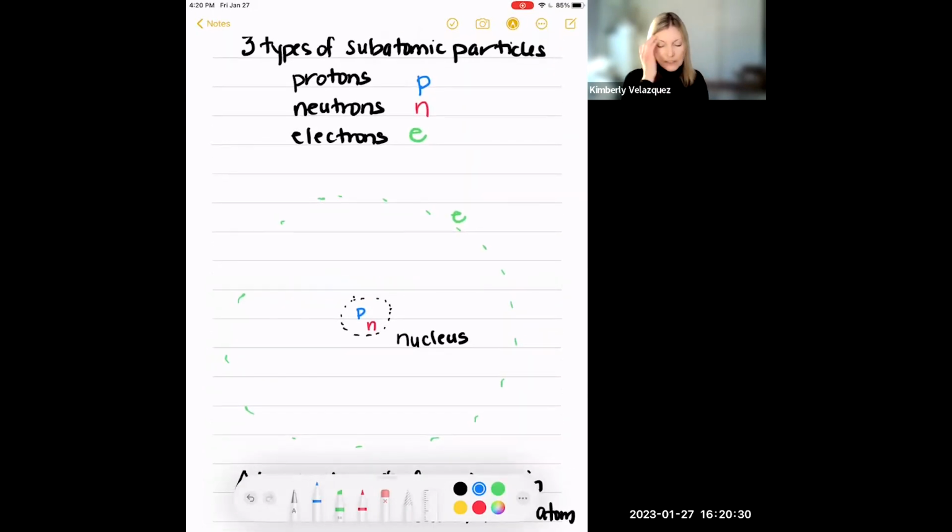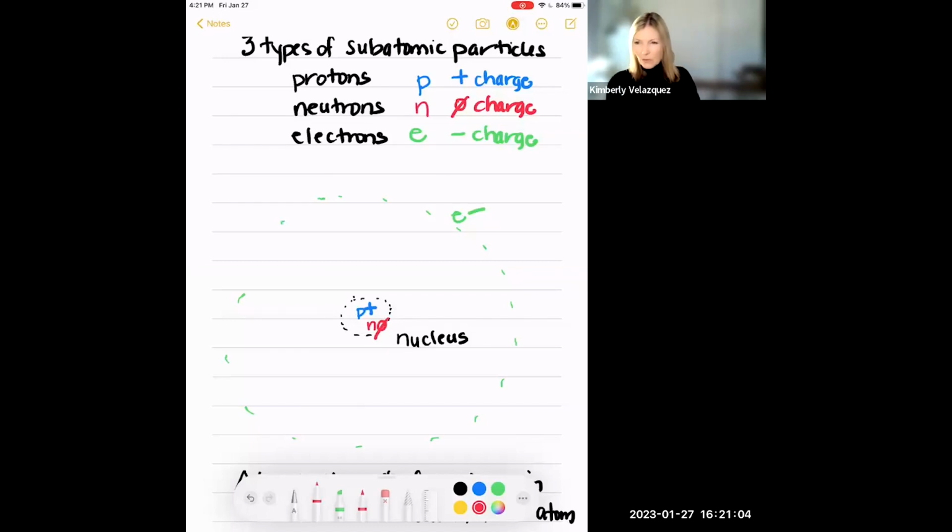Looking at the nucleus here, protons always have a positive electrical charge. So that means in the nucleus, these protons are positively charged. The electrons are actually negatively charged. And the neutrons, neutral, actually have no charge.